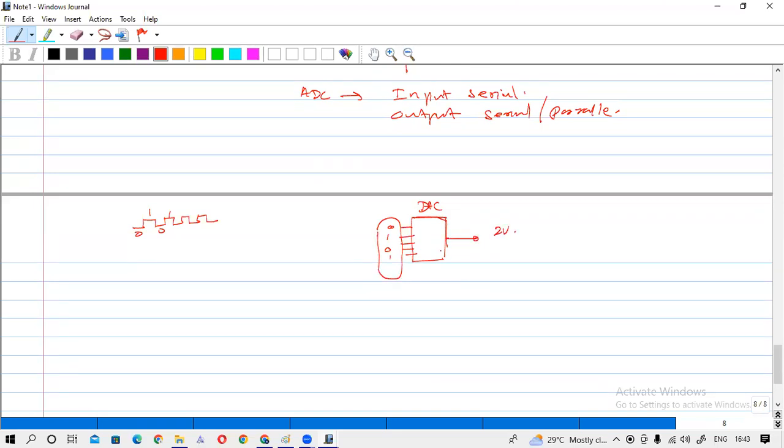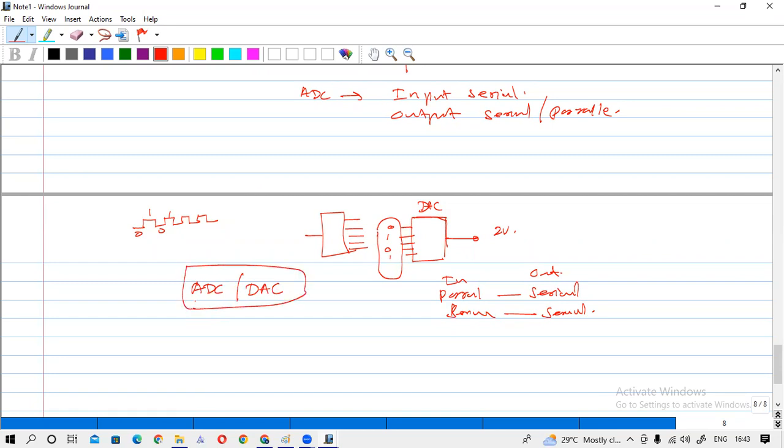A DAC is normally parallel input and serial output. You can also convert this to a parallel input using a demultiplexer, like a 1 to 8 demultiplexer. Then you have serial input and serial output. So that kind of ADC and DAC may be there.